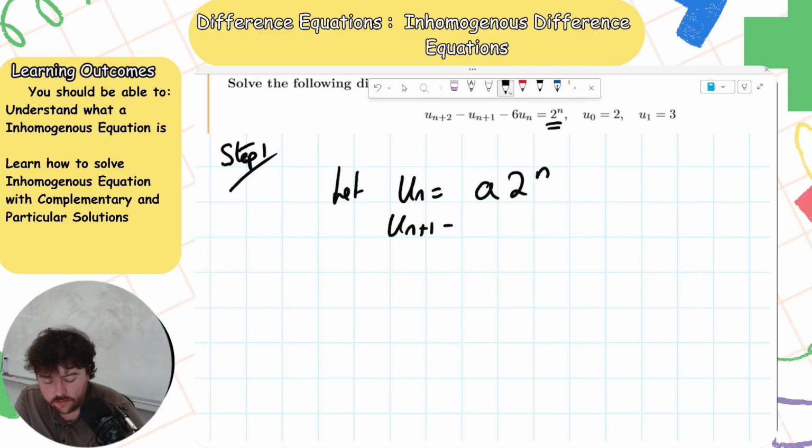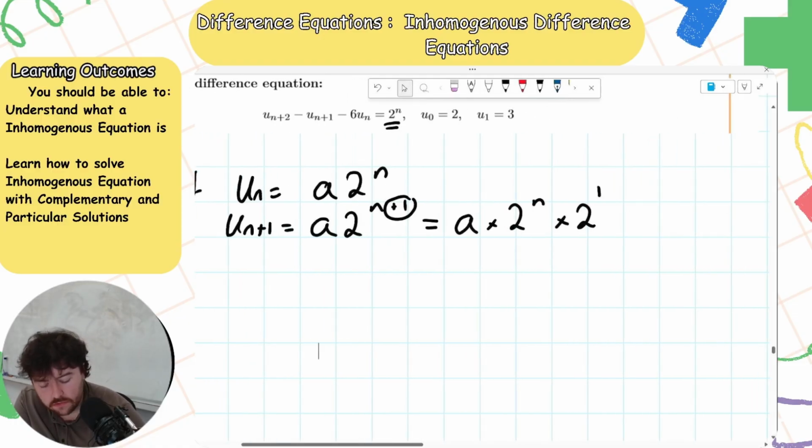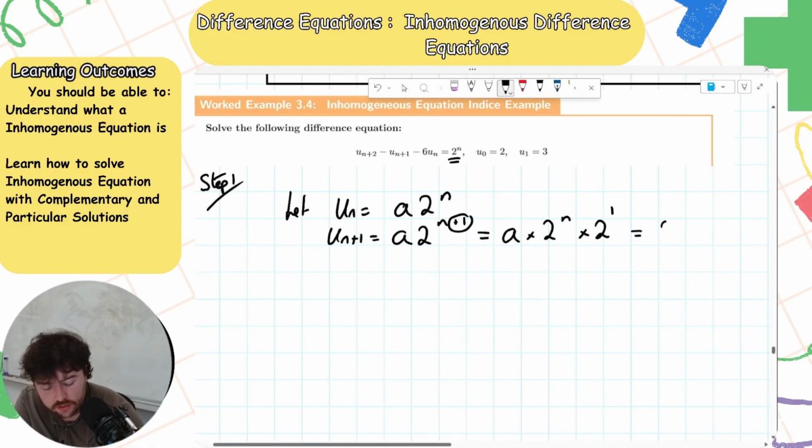Un plus 1 is going to be a times 2 to the n plus 1. Now, I need everything in terms of 2 to the n. So I'm going to remove that 1 by rewriting this as a times 2 to the n times 2 to the power 1, which would be equal to 2a times 2 to the n.